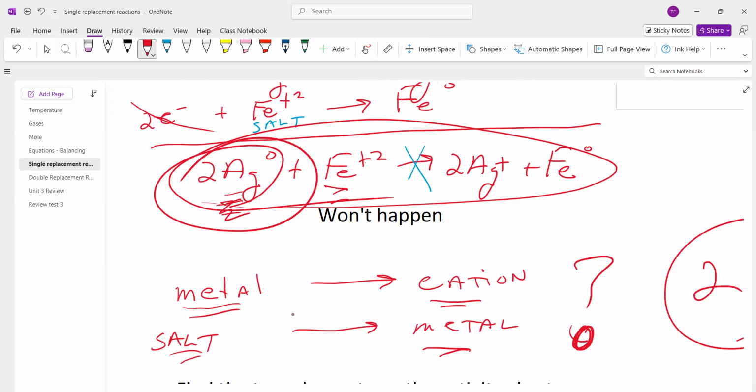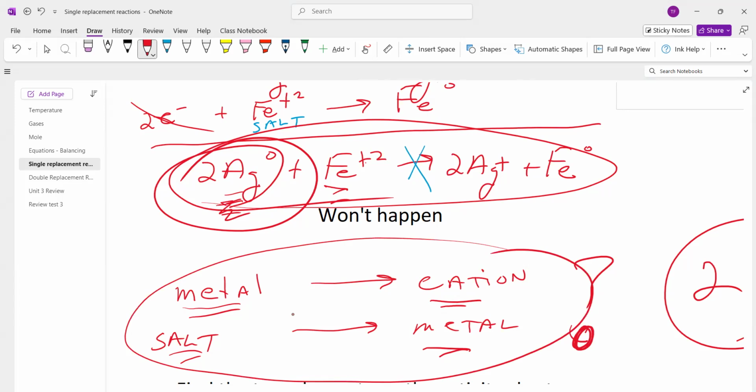Okay, so does that make sense? So basically, most single replacement reactions are this here. We've got a metal and a salt, and that gives us a salt and a metal, only flip-flopped. When I say salt, that's a very generic term in chemistry, not table salt.